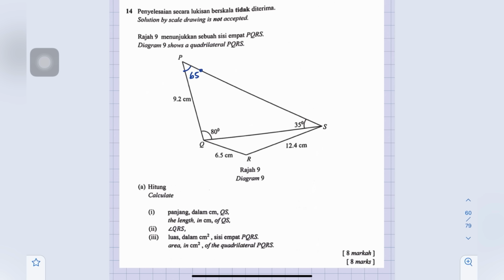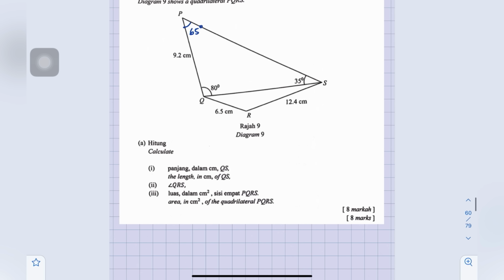To find the length of QS, we can use the sine rule. So A Roman 1, sine rule: QS over the opposite angle, sine 65, equals length QP, we know the value is 9.2, over the opposite sine 35.